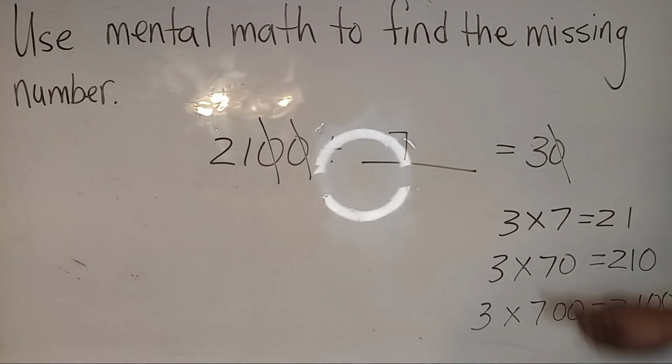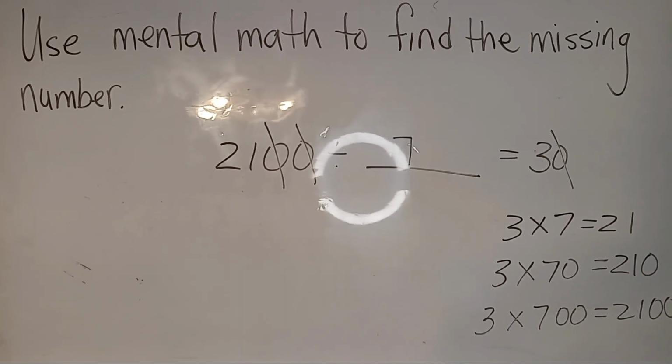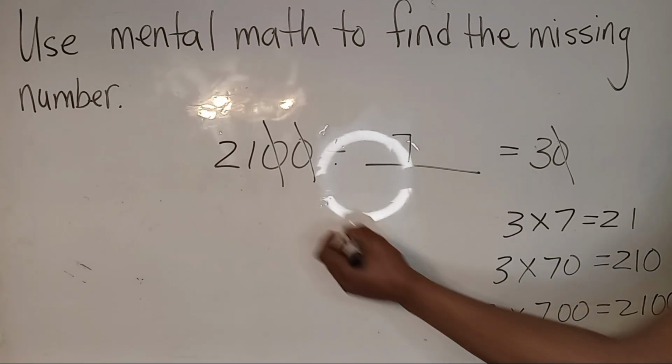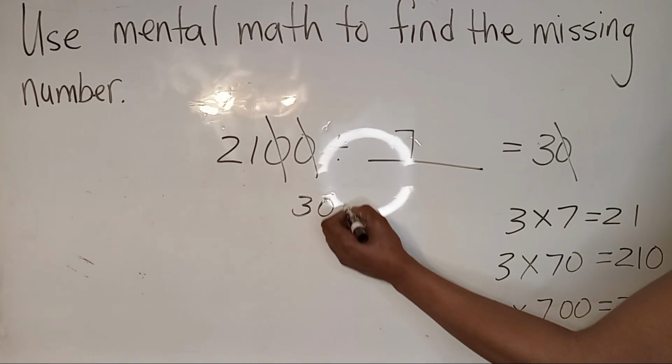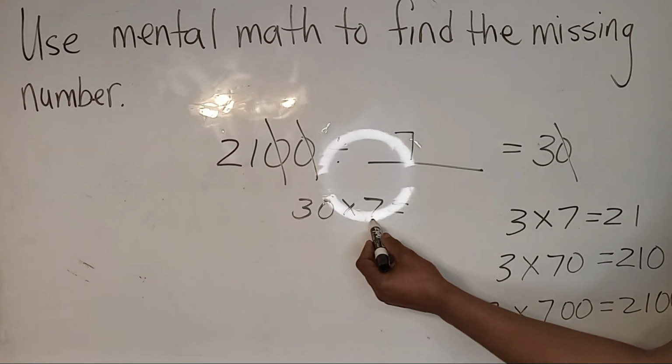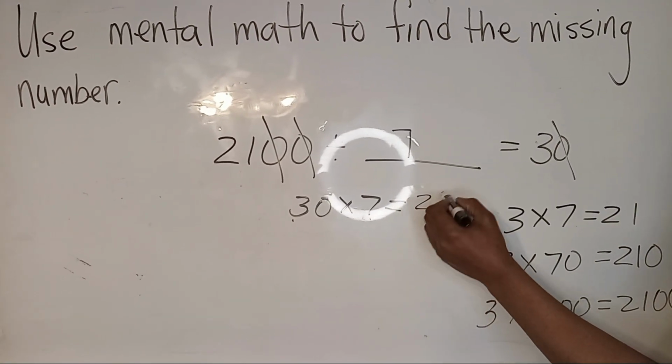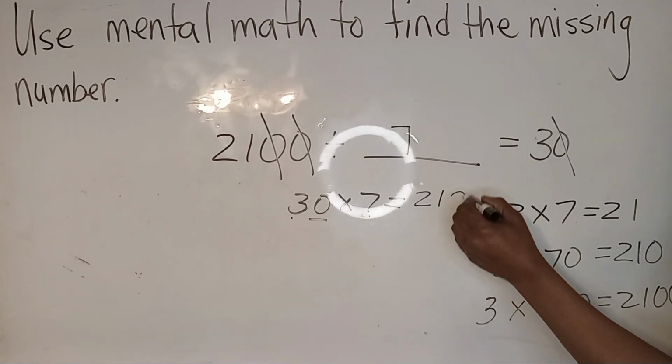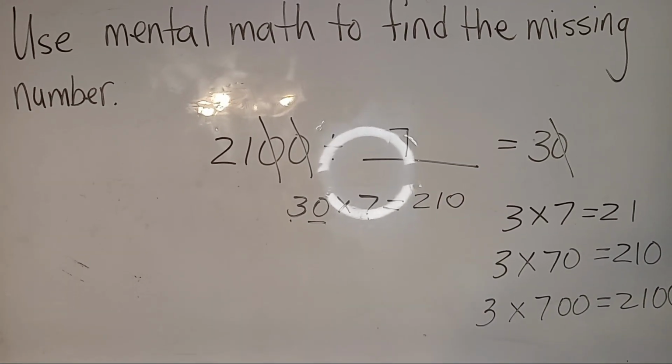We didn't have 3, right? So that's going to be a little bit different. We're going to take the 30 times 7, which is the same thing. 7 times 3 is our 21. We got 1 zero, so we put that here. That gives us 210.